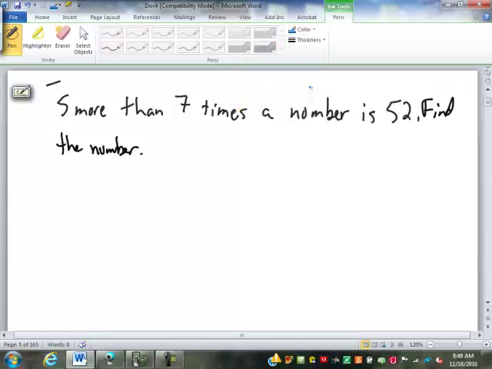So I've got to write this into an equation. 5 more than means I'm adding 5 to something. Well, 5 more than what? 5 more than 7 times the number, so 7x. Is means equals 52. How would I go about solving this?